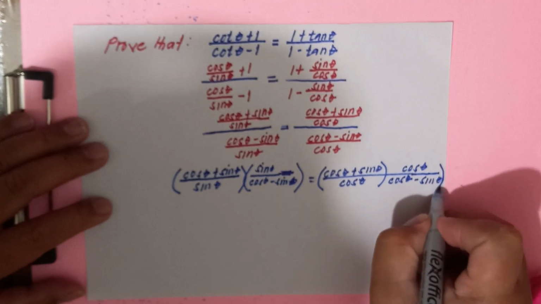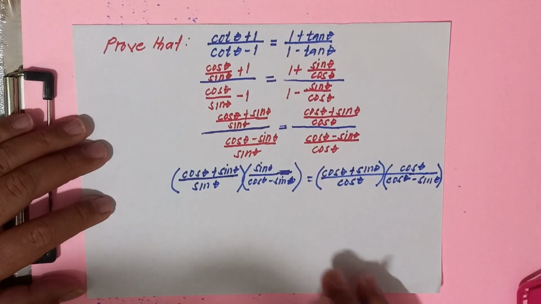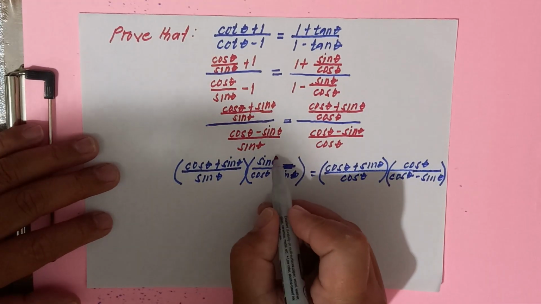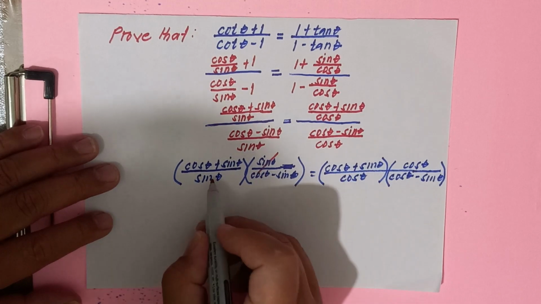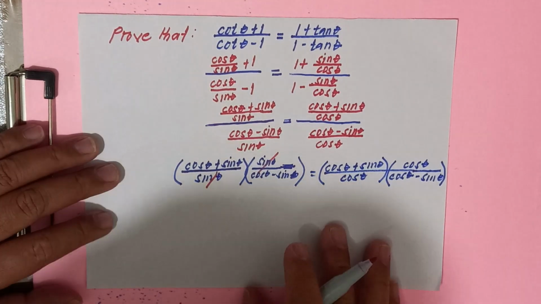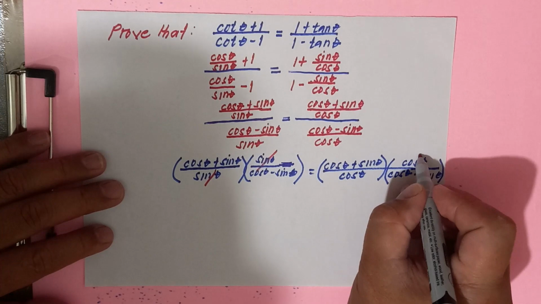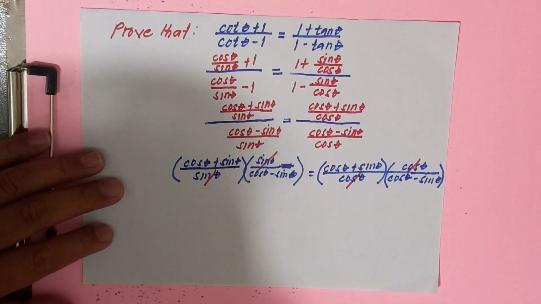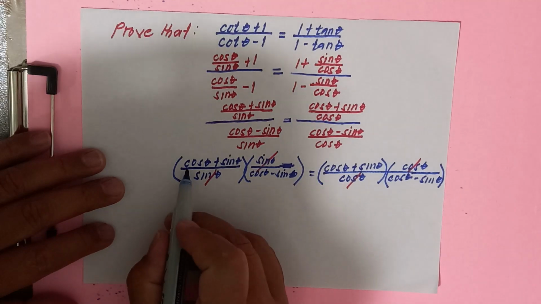Now, notice that when you are going to look at this one, this sine theta and sine theta can be cancelled out. Cosine theta and cosine theta can be cancelled out. So, what remains now is what?